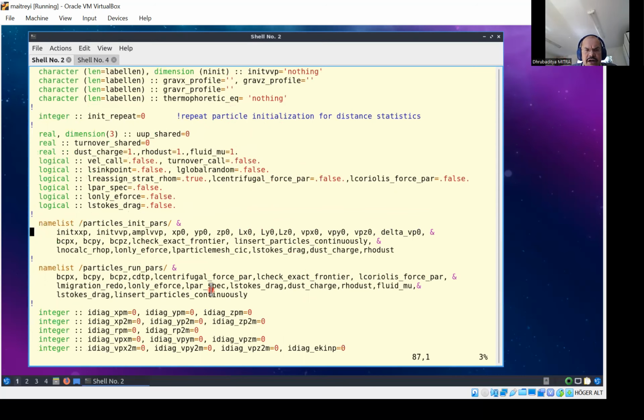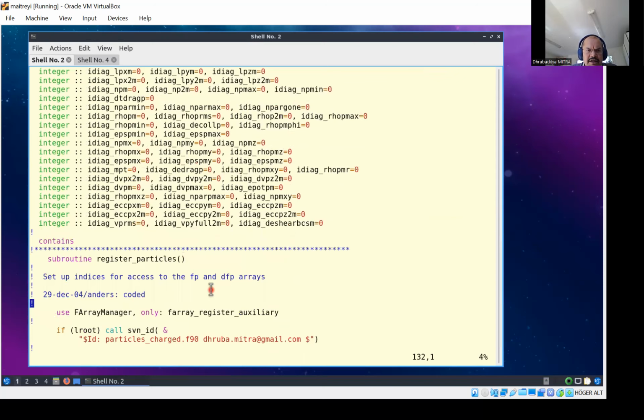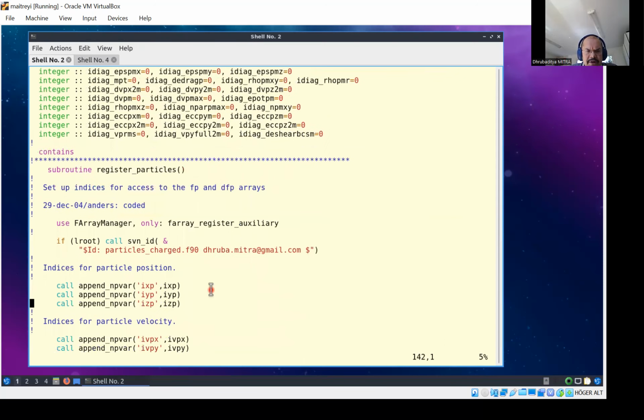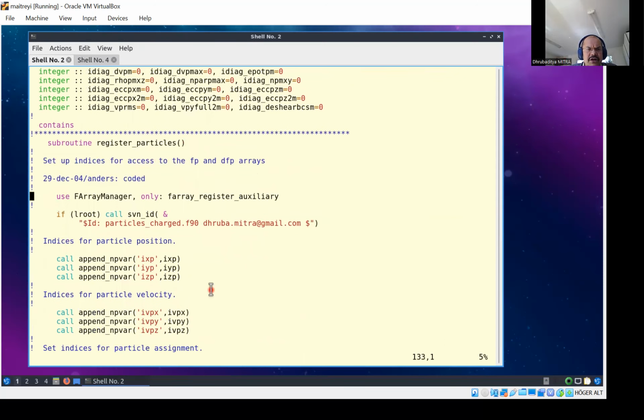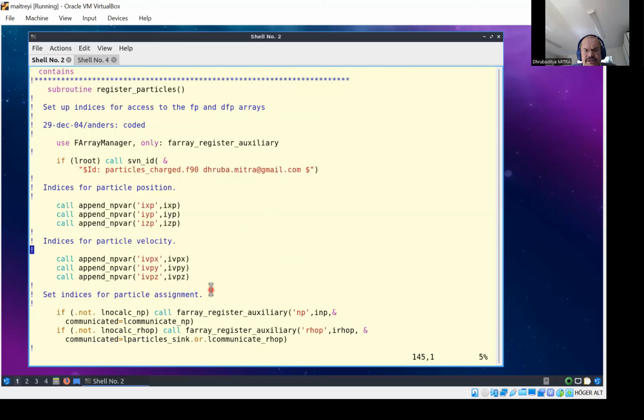So some of the old comments have remained and no one bothered to clean them up. So in all the particle modules, you first get something called register particle. Basically you are telling it how many new variables you are adding to the problem. So this is this thing called NP var. So you add XP, YP, ZP, a vector for 3 positions and a vector for 3 velocities.